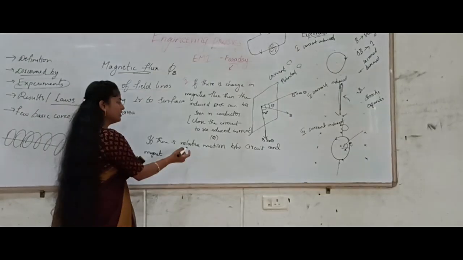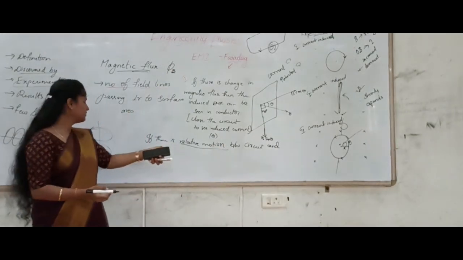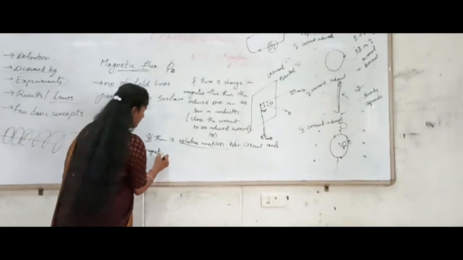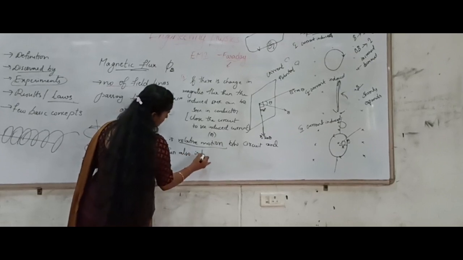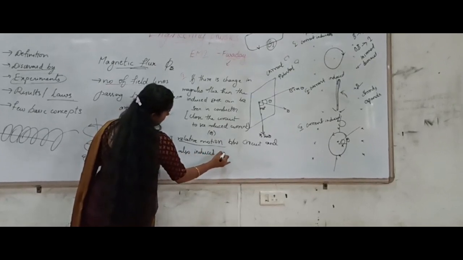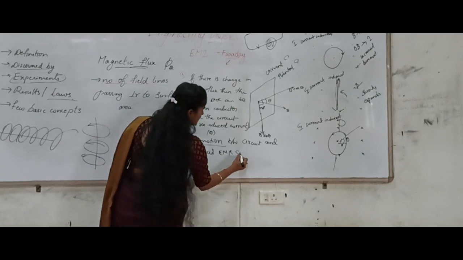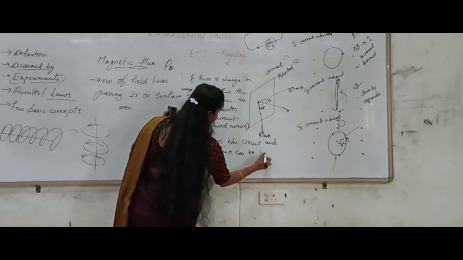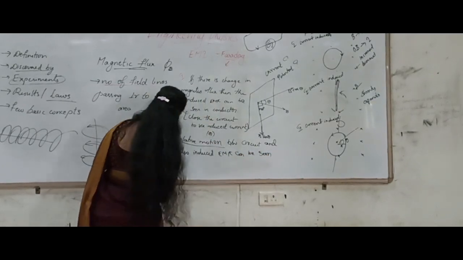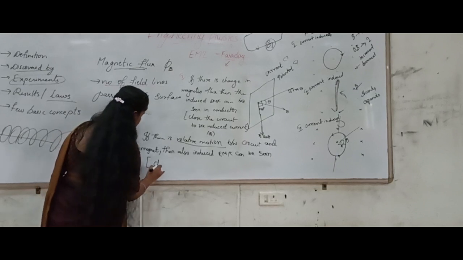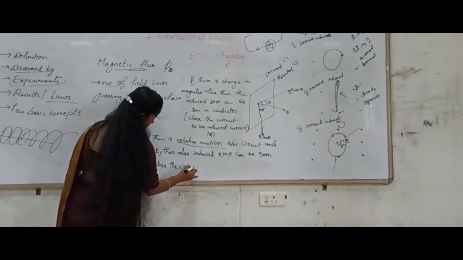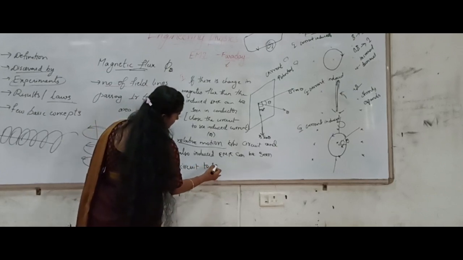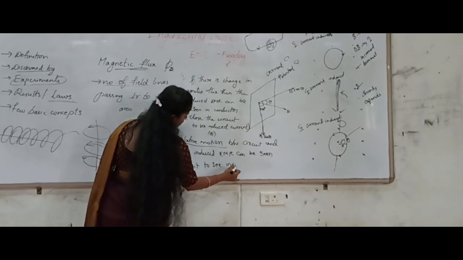If there is relative motion between circuit and magnet, then also induced EMF can be seen. To see the current, close the circuit to see induced current.